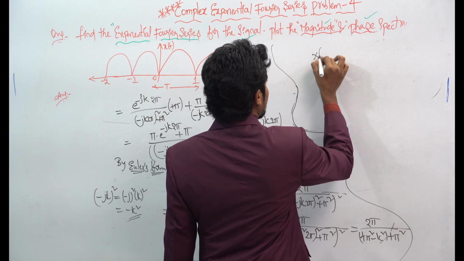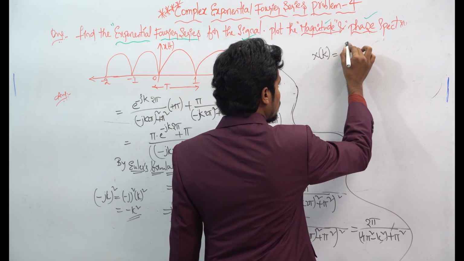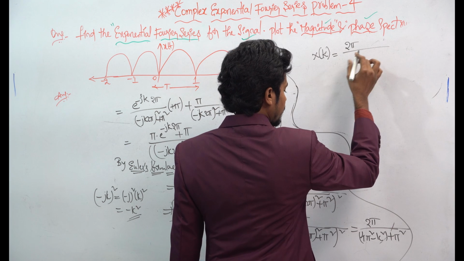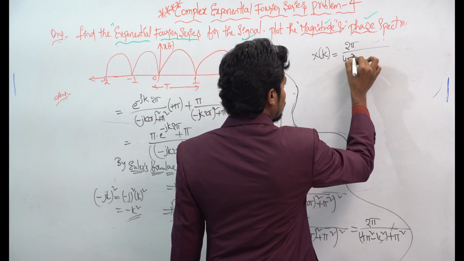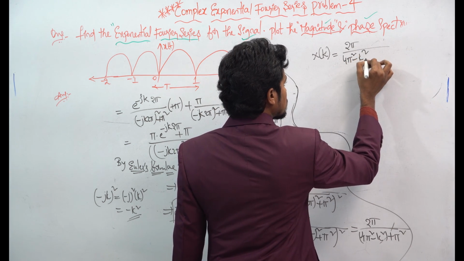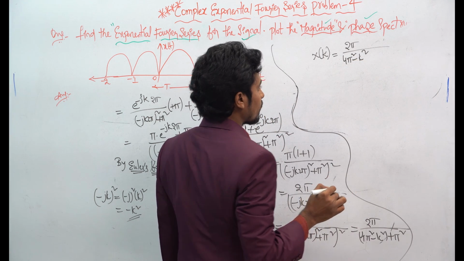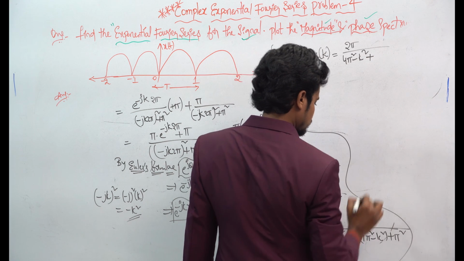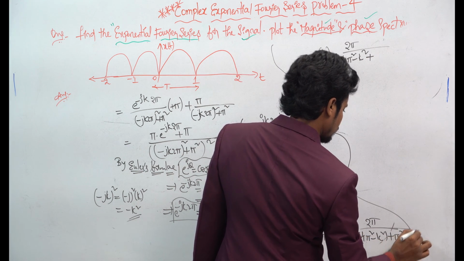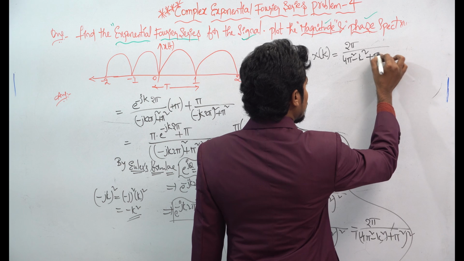X of k is equal to 2 pi divided by 4 pi square minus k square plus pi square.